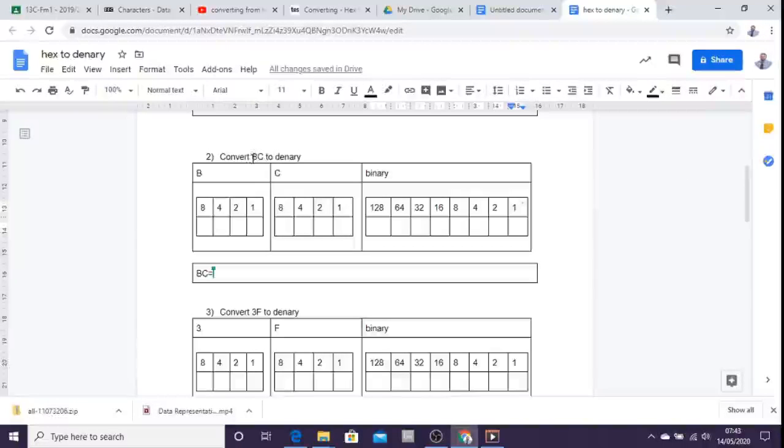The idea is that B actually represents 4 bits. If we think about what B is, A is 10, so B must be 11. So we'll put that in, that's 8. I can't have any 4s. I can have a 2, that takes me to 10, and 1 makes 11. And then the C part is just shorthand for writing 12.